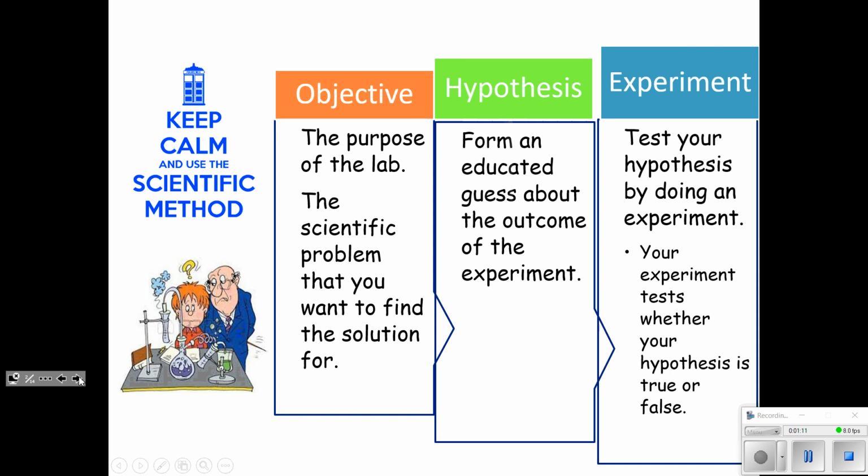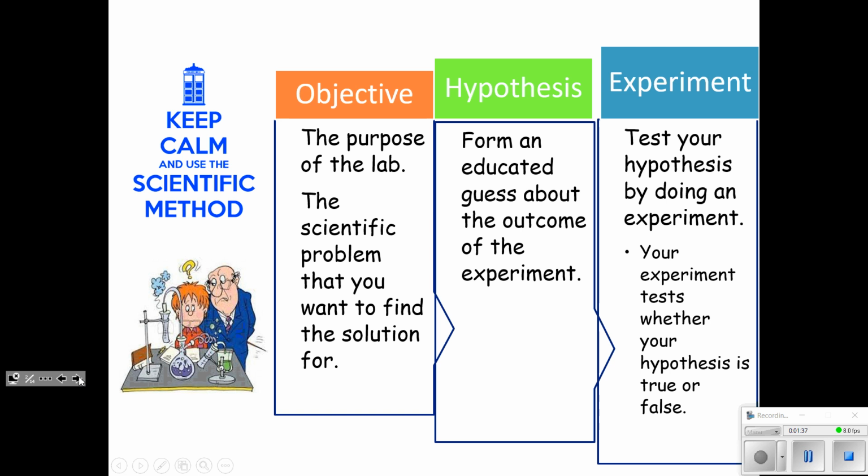Now, first off, like I said, you have an objective, a question that you want to find a solution to. Your hypothesis comes next, and a lot of the time before, you were taught that in between the objective or your question and the hypothesis, you're supposed to gather information. That's what this class is for. The information that I am giving you is the information that you're going to be using in order to do your experiments.